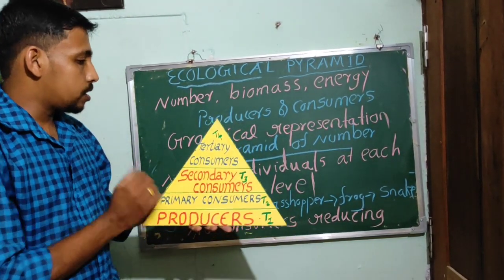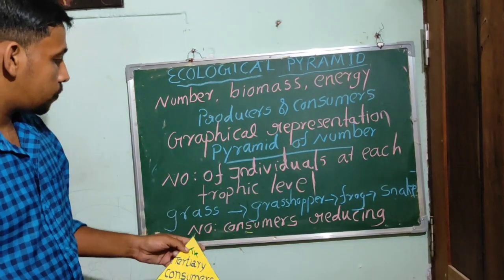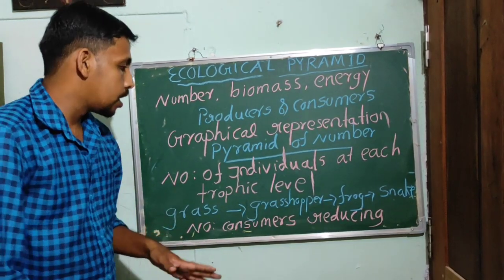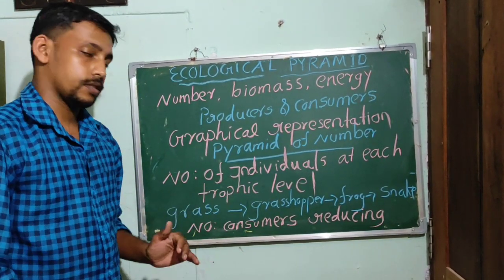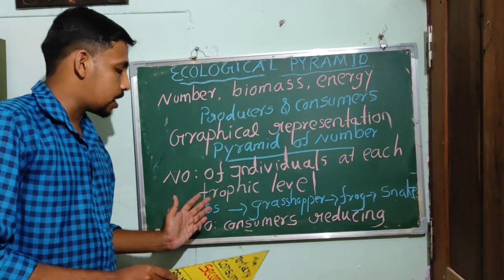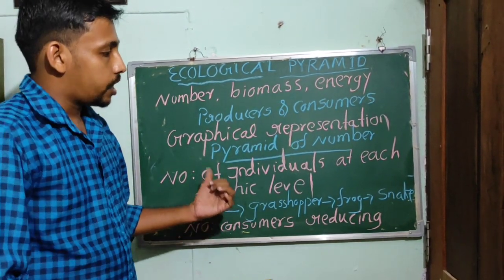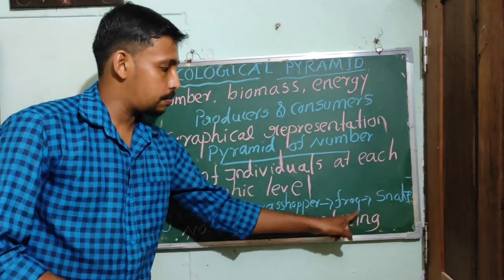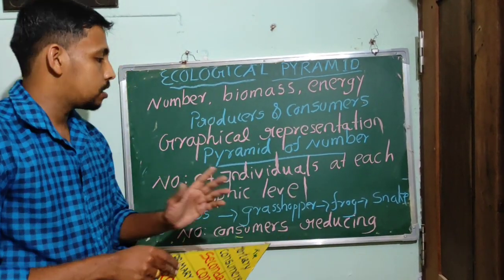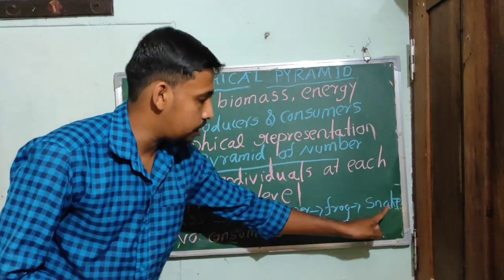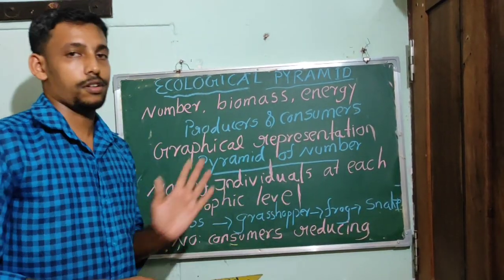In this example, we have taken grasshopper, frog and snake. The number of grasshoppers in a field may be less than the total number of grass. Then the number of frogs may be less than the number of grasshoppers, and the number of snakes may be less than the number of frogs.